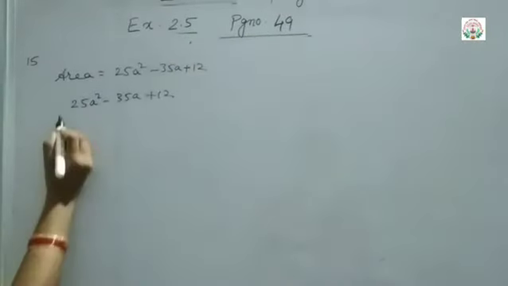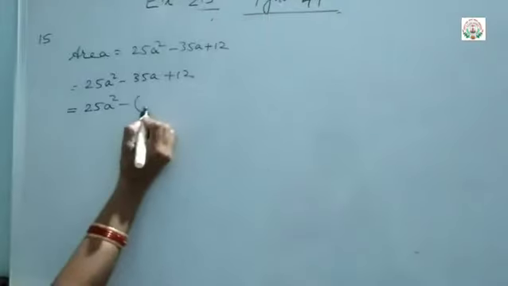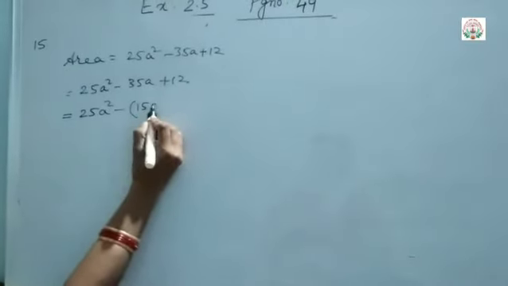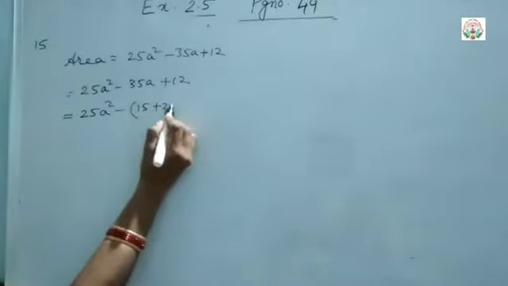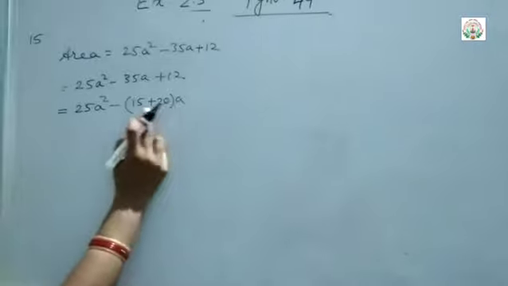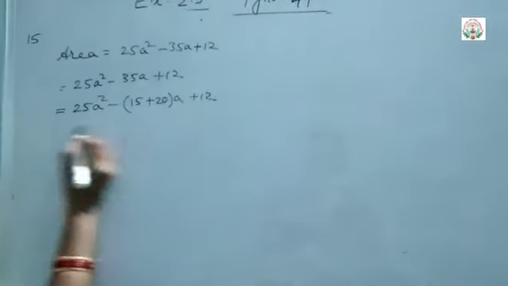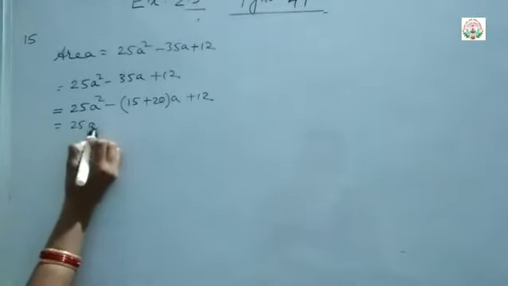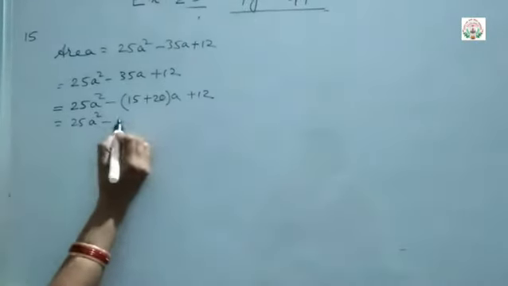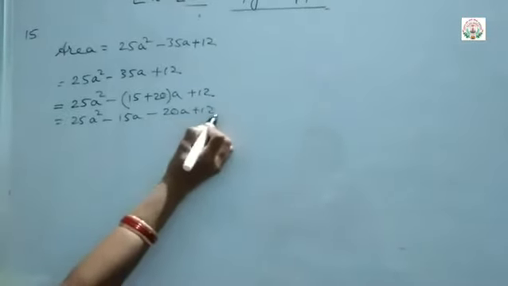So this I can write as what? 25a square, and I can write here 15a plus 20a. So that will be 35, and on multiplication also I'll get 300, then plus 12. That equals 25a square minus 15a minus 20a plus 12.